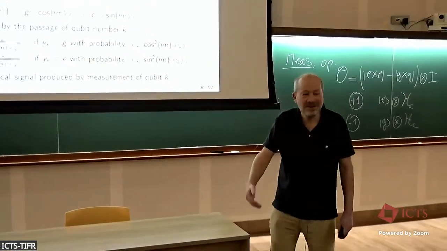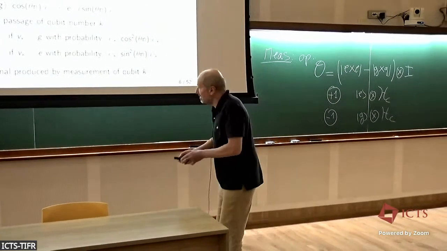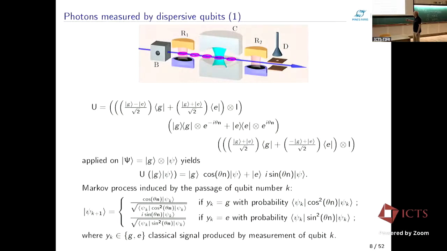So if you want to simulate what's going on, you can do it on your computer if you want. It is very simple. You start at step 0 by a certain value of psi, say typically a coherent state. And then I send one atom, and then I measure.